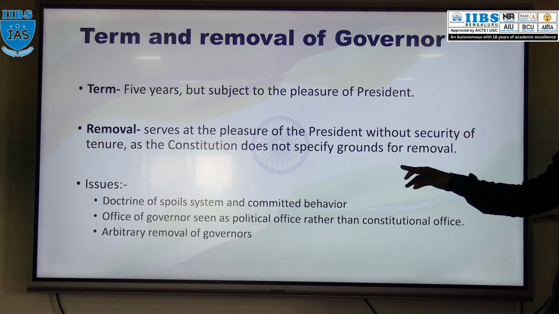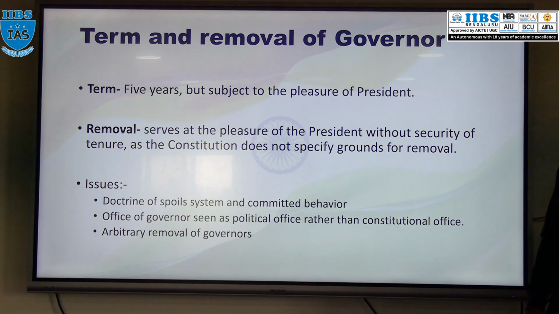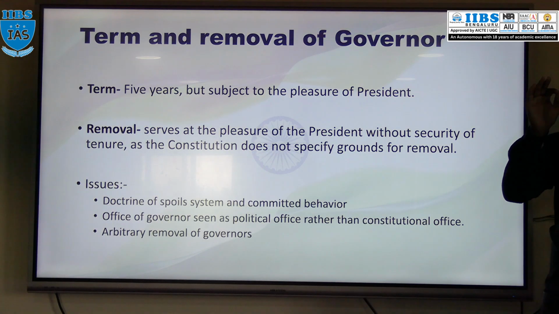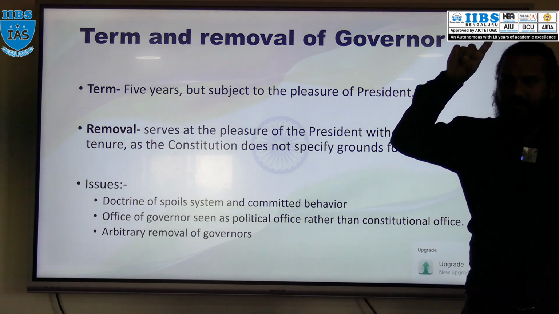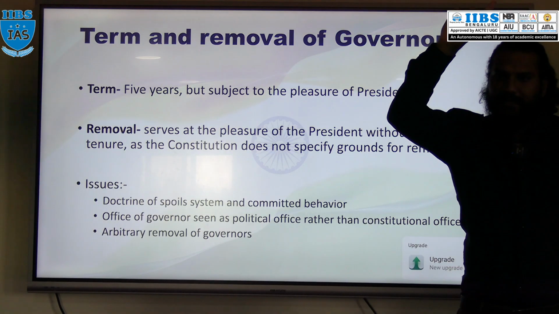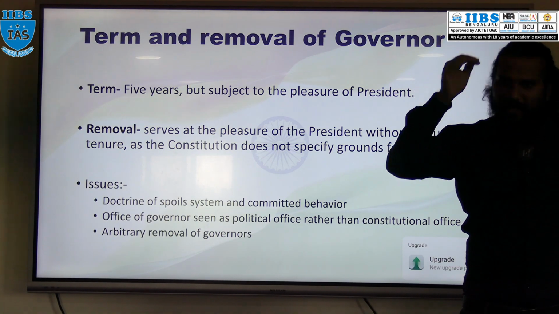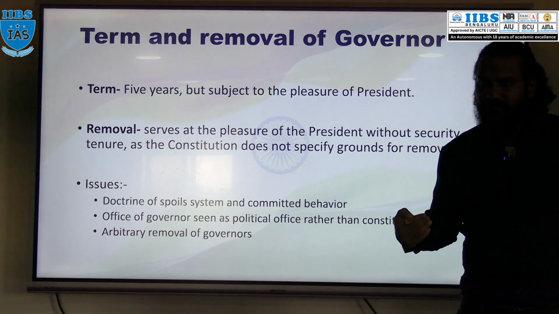Okay. And the office of the governor is seen as a political office rather than a constitutional office, and there is arbitrary removal of governors. In simple language, at the center one political party forms the government, at the state another party is there.